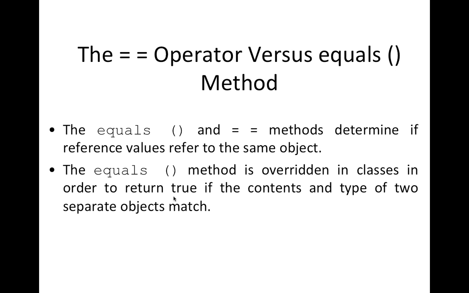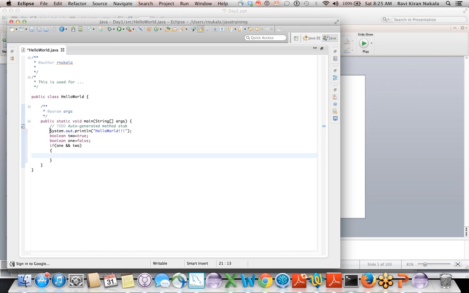Whereas if you are talking about it in an object oriented world, string str1 equals new String of Ravi, and string str2 equals new String of Ravi.